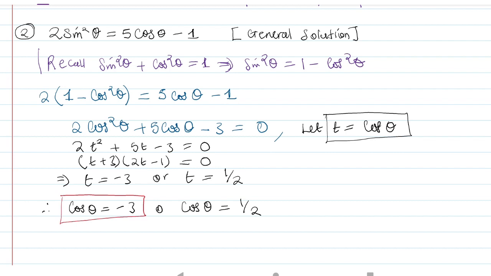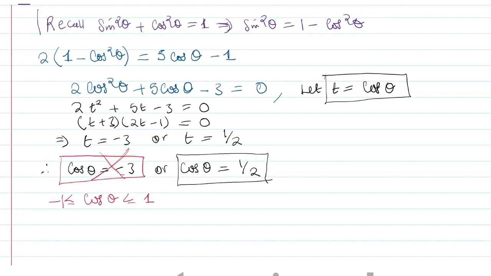But you would want to remember that cos theta and sine theta lie between 1 and negative 1. So meaning that there is no angle that satisfies this equation, because negative 3 is beyond the range of cosine theta.